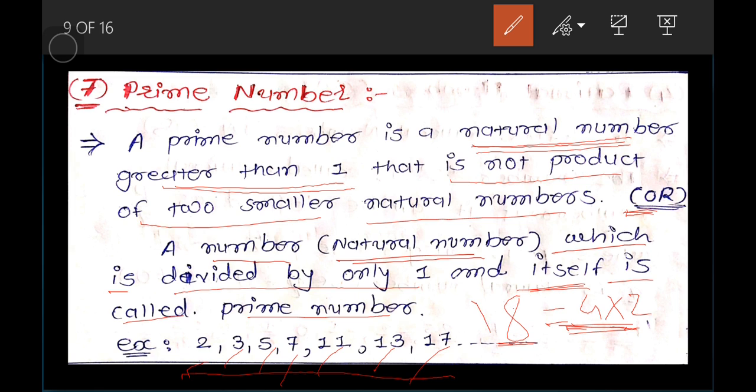So this number is not a prime number. A number which is divisible by only 1 and itself is called a prime number. So these numbers, 2, 3, 5, 7, 11, 13, 17, 19, are all known as prime numbers.